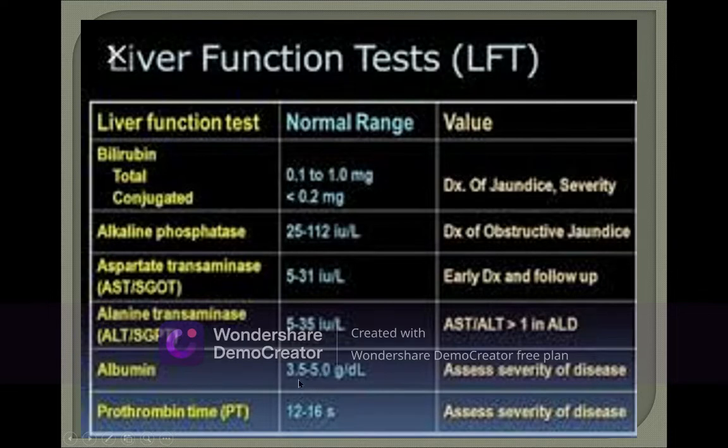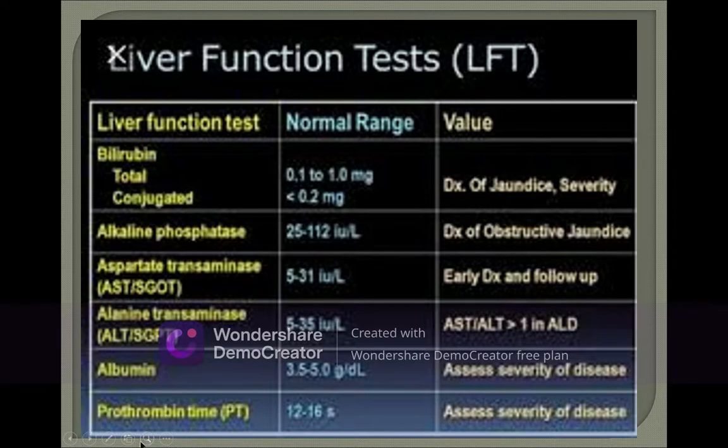So total protein minus albumin will give you the globulin part. The albumin actually is decreased in cases of the diseased liver, which is called hepatocellular jaundice. Albumin is reduced.